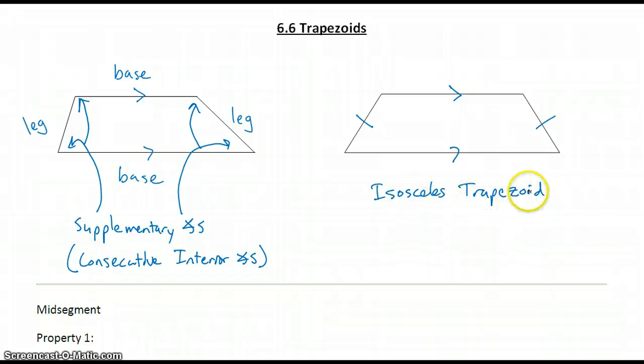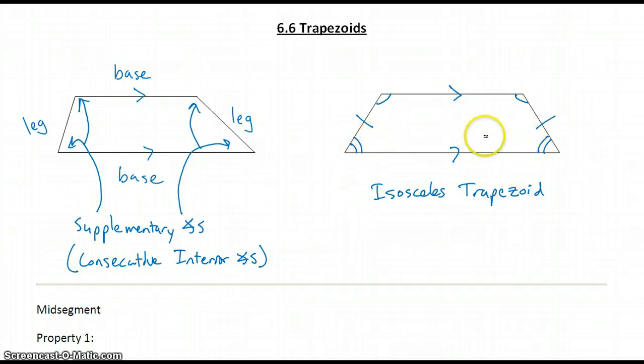In the isosceles trapezoid, these two angles, because they are consecutive interior angles between parallel lines, are supplementary. But only in an isosceles trapezoid, not a regular trapezoid, this angle will be congruent to this angle. And this angle will be congruent to this angle.